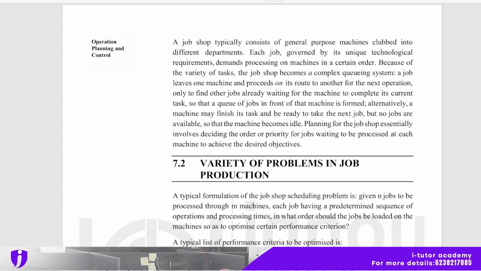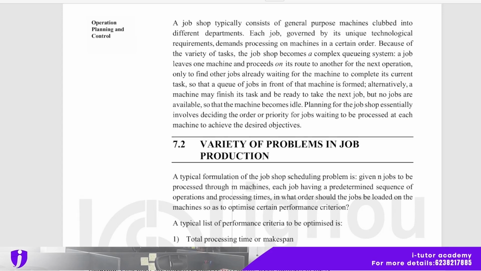And the next is variety of problems in job production. A typical formulation of the job shop scheduling problem is: given n jobs to be processed through m machines, each job having a predetermined sequence of operations and processing times, in what order should the jobs be allocated on the machines so as to optimize certain performance criteria?